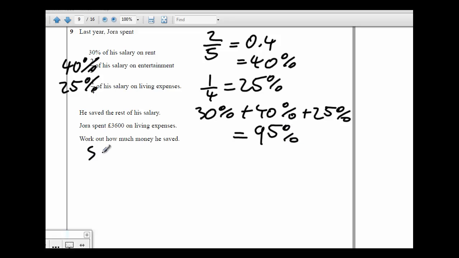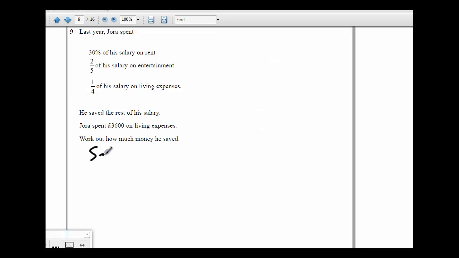That means that he saved 5%. So we now know that Jorah only saved 5% of his salary. So let's work out how much his salary was in total. We know that 1/4 of his salary was 3,600.